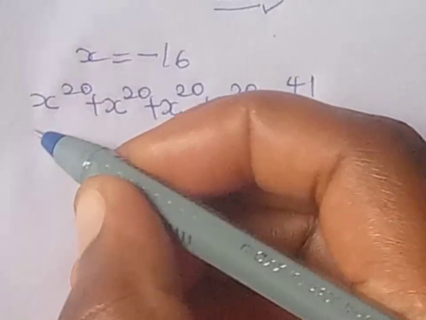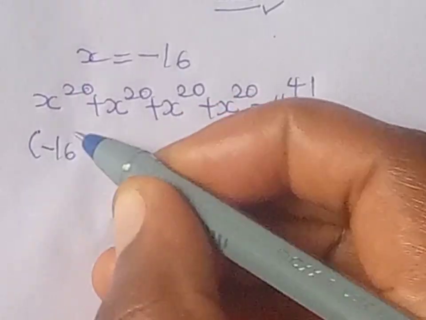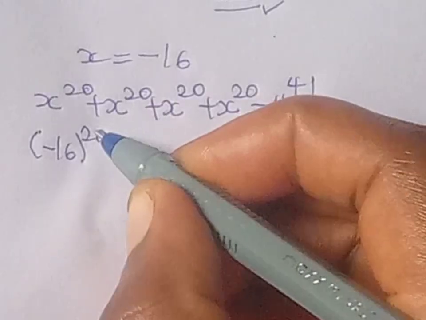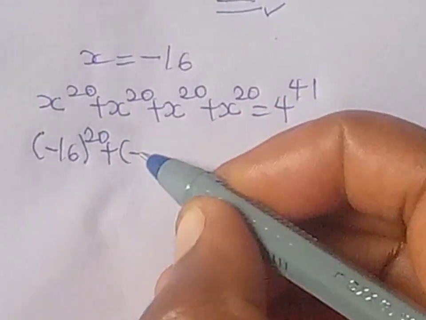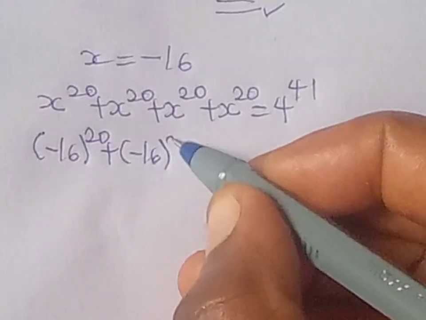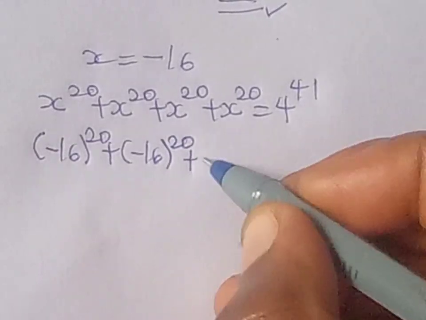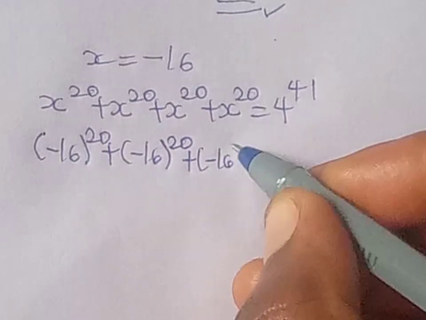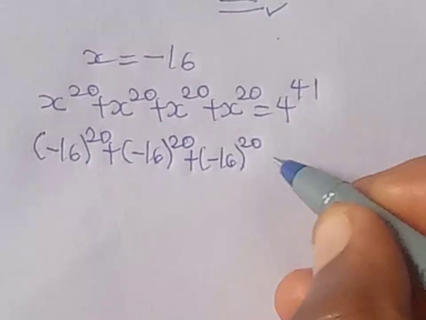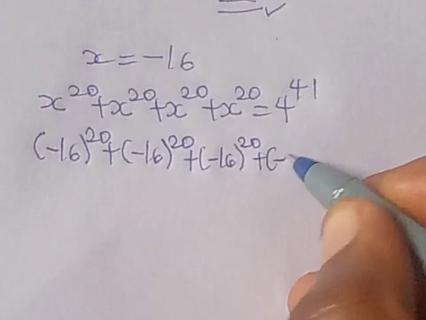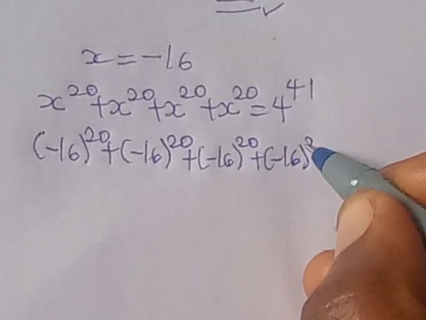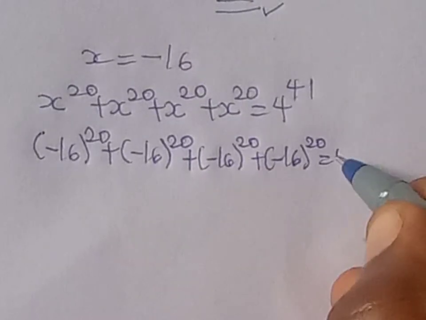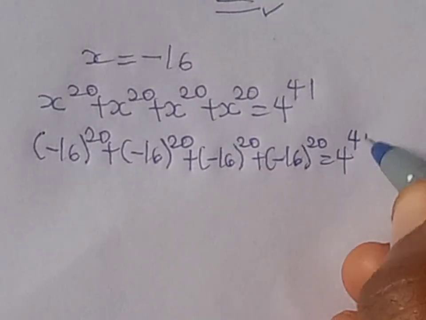So we have minus 16 raised to the power of 20 plus minus 16 raised to the power of 20 plus minus 16 raised to the power of 20 plus minus 16 raised to the power of 20 equals 4 raised to the power of 41.